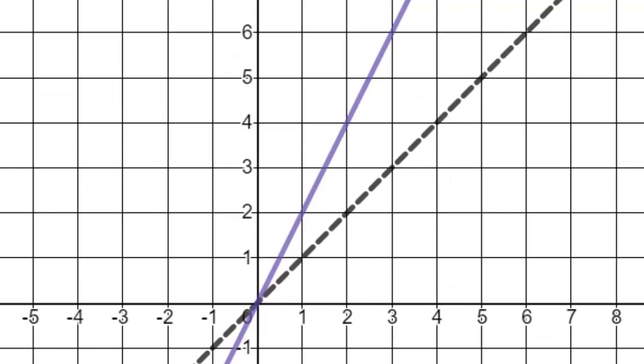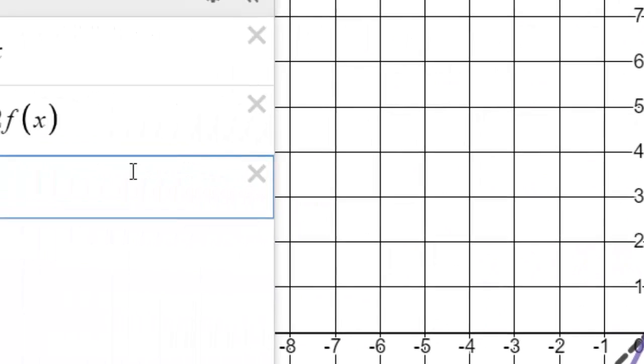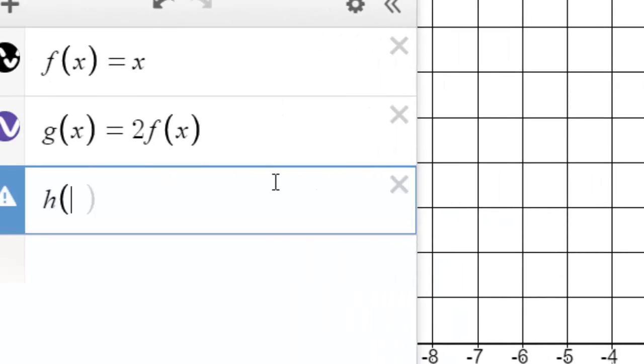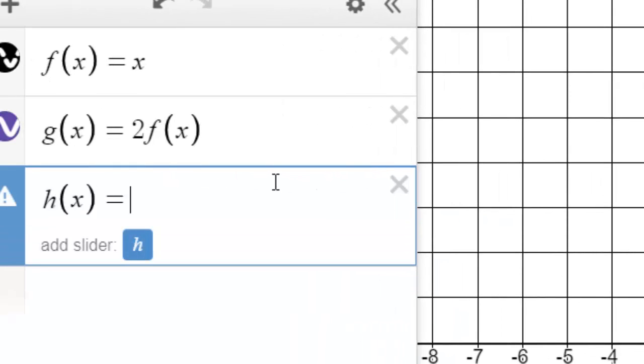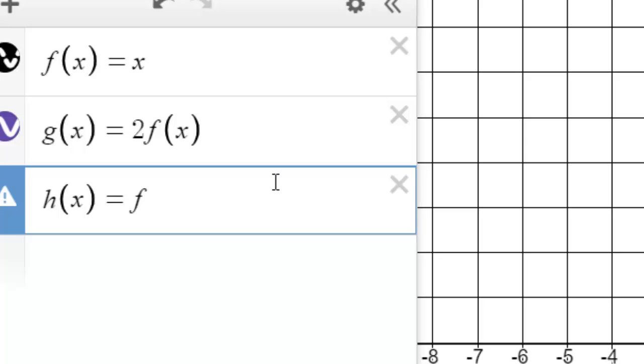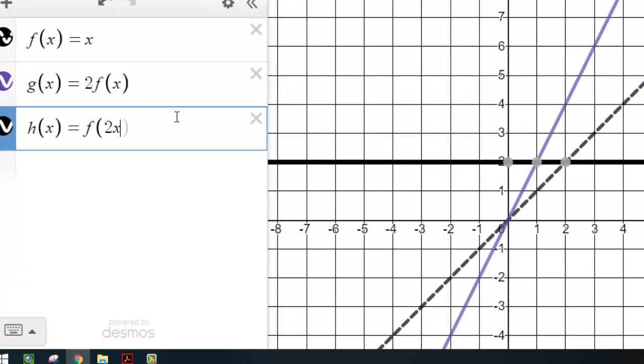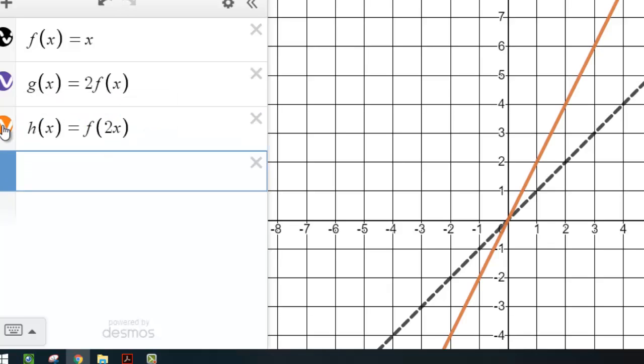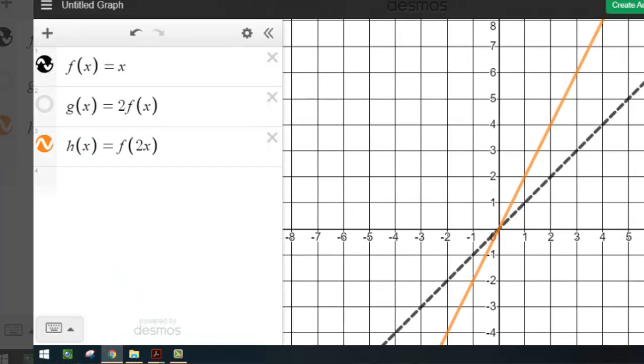Now if I were to do the same thing with times 2 on the inside, I'm going to change my function now. H of x is going to equal not times 2 on the outside, but times 2 on the inside. I'm going to change my color. You'll notice if I turn this on and off, the lines look the same, but the interpretation of what's happened is different. Okay, so this is no longer called a vertical stretch.